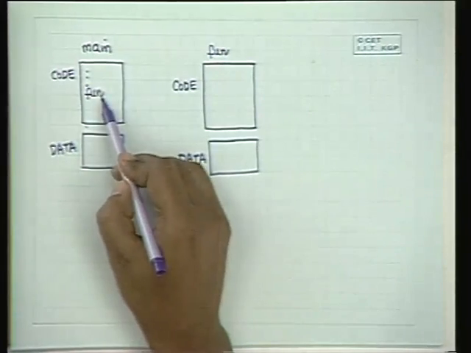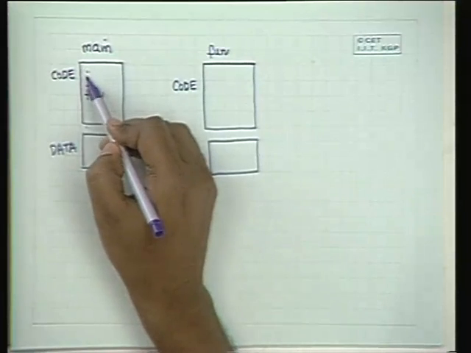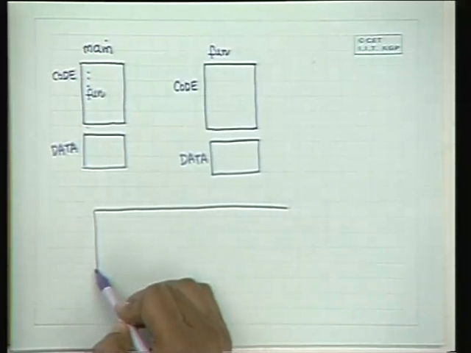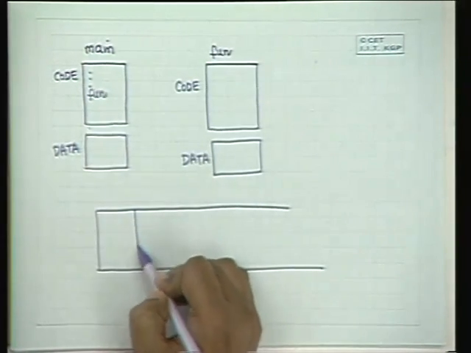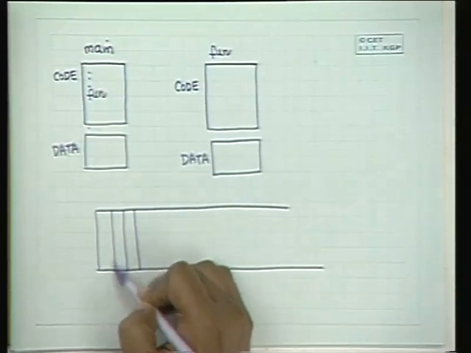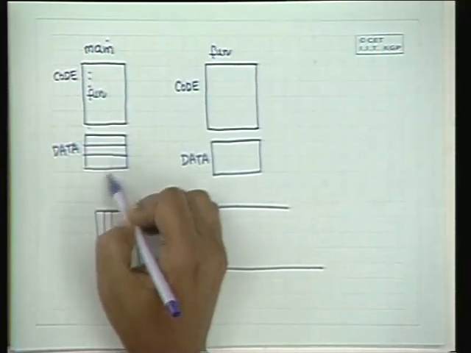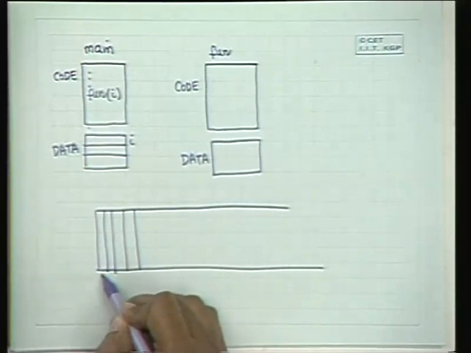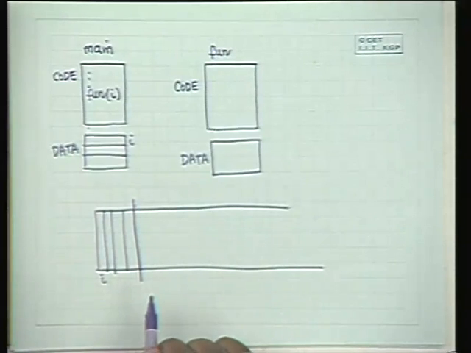Now, initially when it starts executing in the main program, a dynamic data segment is created. So the variables of the main program which are part of the data segment, for example, say this is fun(i) and this is a local variable, get loaded into a portion of the memory.